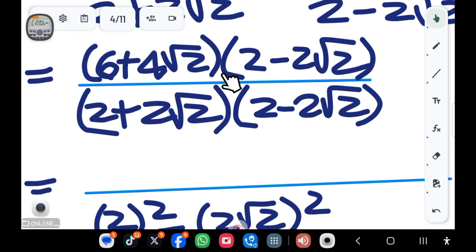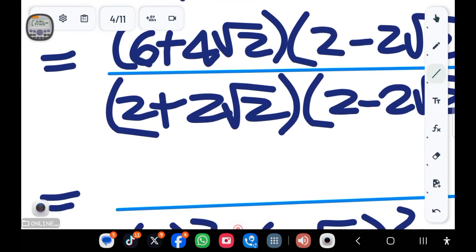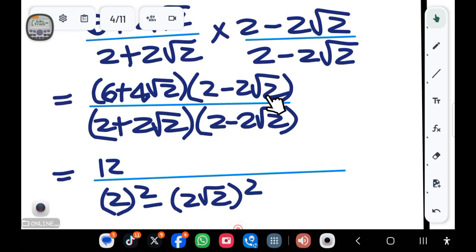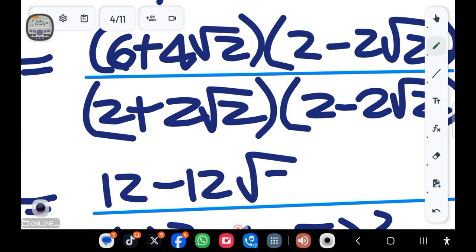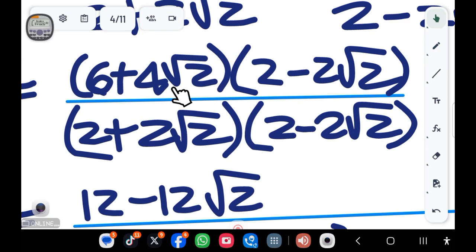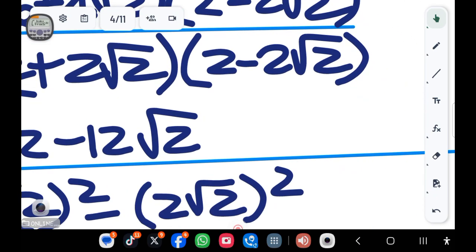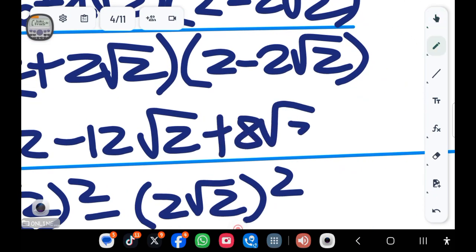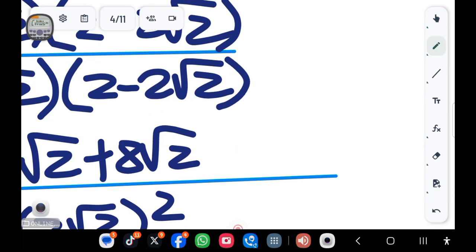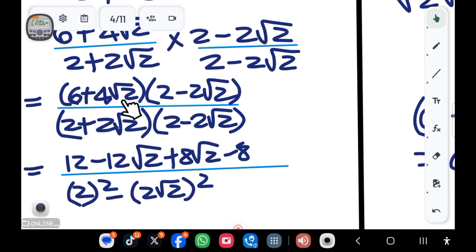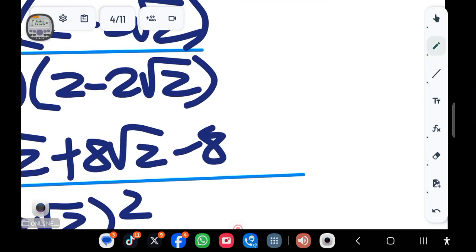Okay, and then at the top it will be 6 times 2, that is 12. 6 times negative 2 root 2, that will be minus 12 root 2. 4 root 2 times 2, that will be 8 root 2. 4 root 2 times negative 2 root 2, that will be 4 times 2, that will be negative 8, minus 8 root 2 times root 2.